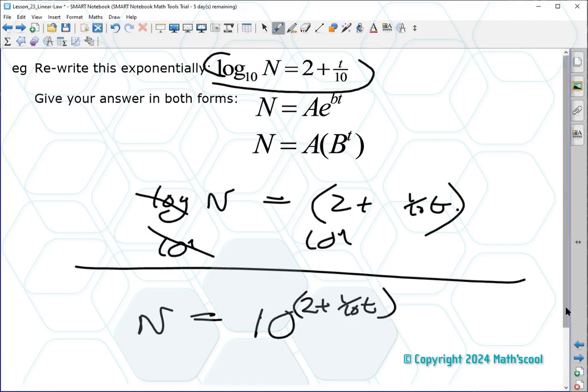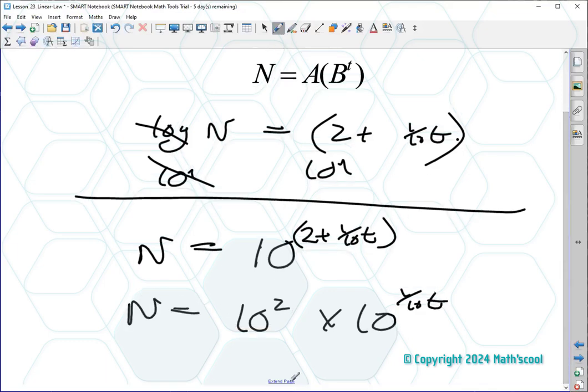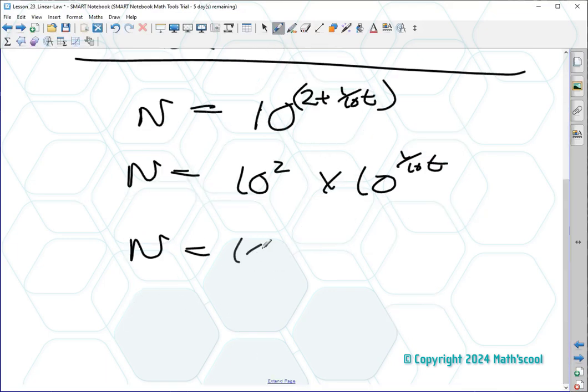Now that looks a bit messy, so what I can do is rewrite it as 10 to the power 2 times 10 to the power 1 over 10 t, which is just n equals 100 times 10 to the power of a 10th t.